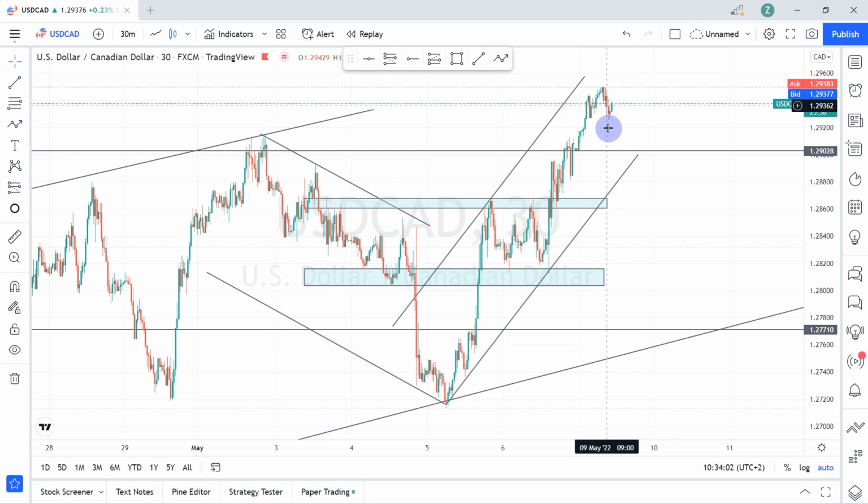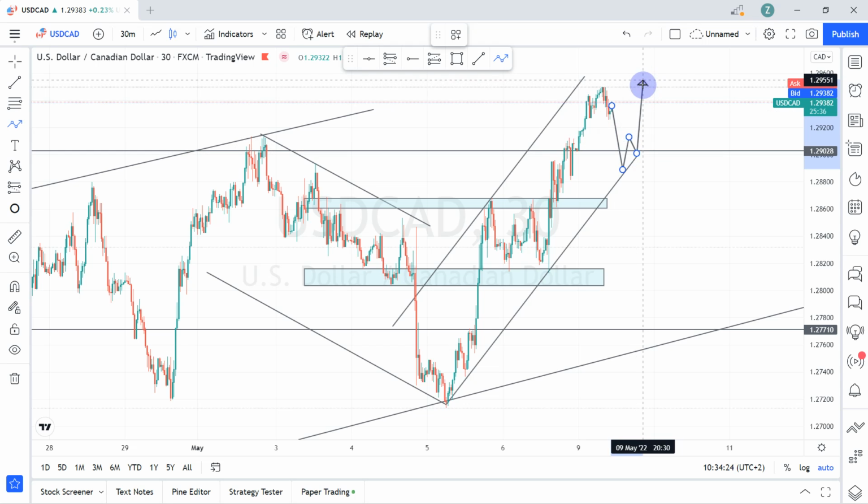So if the market from here gives us an increasing double bottom, just to give us our third touch, push to the upside, gives us our second bottom, that's where we would enter our buys, right?